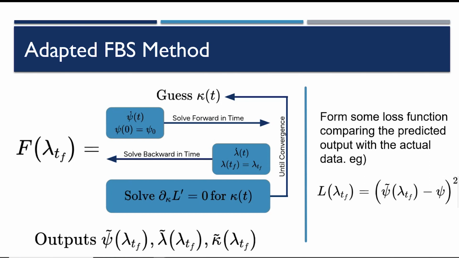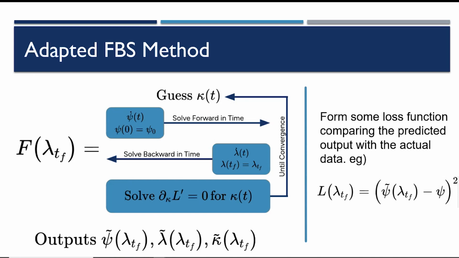So what we can do is we can create some function which runs the forward backward sweep method given some input lambda TF, end time condition on the lambdas. This will then give some output prediction for the state, the Lagrange multipliers, and the optimal control, from which we can then create some loss function to train against, like some squared loss function comparing this prediction with the actual data set we have, and from that find the end time condition on the lambda, which minimizes this loss.